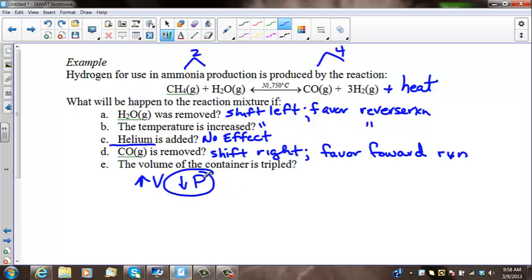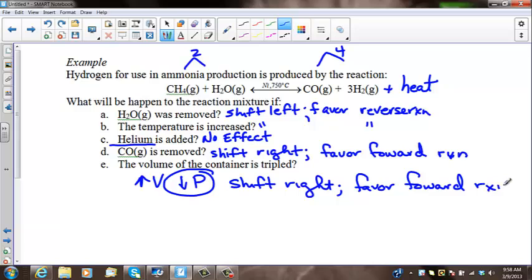So when I decrease the pressure, it shifts to the side with the most number of moles. So it's going to shift right, and that will favor the forward reaction. All right, so that's basically Le Chatelier's principle in a nutshell.